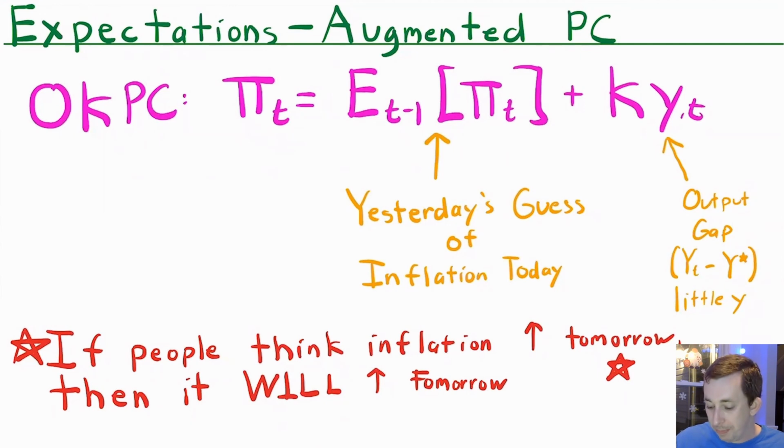Put another way, inflation tomorrow will be higher if people today think inflation tomorrow will be higher. So you can think of it as, at the end of COVID, when inflation started going up, people today probably thought inflation tomorrow would also still be high, and because of those expectations, when we got to the next period, or got to tomorrow, people's expectations helped boost inflation, or made it higher than it otherwise would have been.